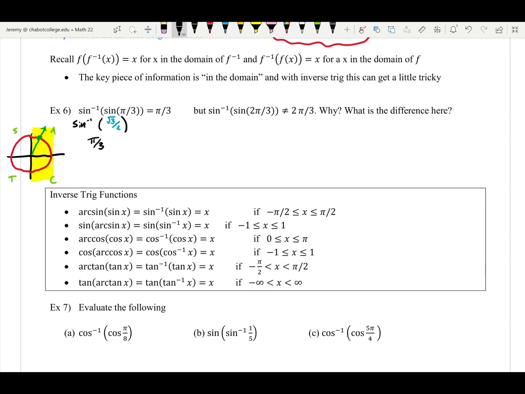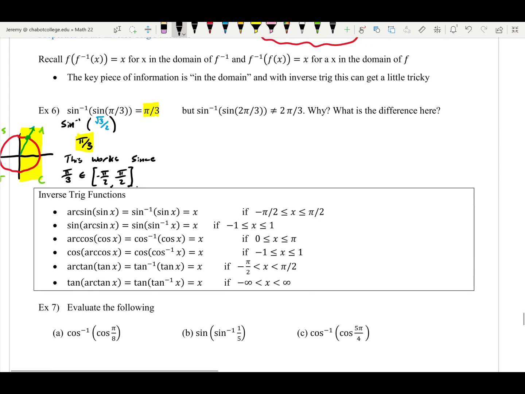Okay, so we're just sort of verifying that these two values are equal to each other. And I'll say this works since pi over 3 is in this domain from negative pi over 2 to pi over 2, right? That restricted domain that we use for sine so that we can get an inverse.